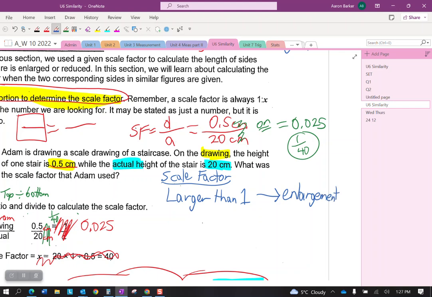So it'll be like timesing by 2, timesing by 3, whatever that is. If it is smaller than 1, then it is a reduction.